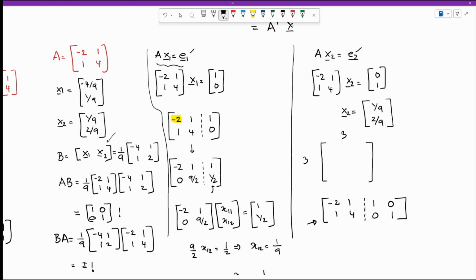That means you don't just do the Gaussian elimination to make the numbers below the pivot 0. You then go back and make everything above the pivot 0, and you normalize the pivots so that they become 1. If you do the same operations on this side, this section will get converted to I, and this section will get converted to A inverse. This you can verify yourself.